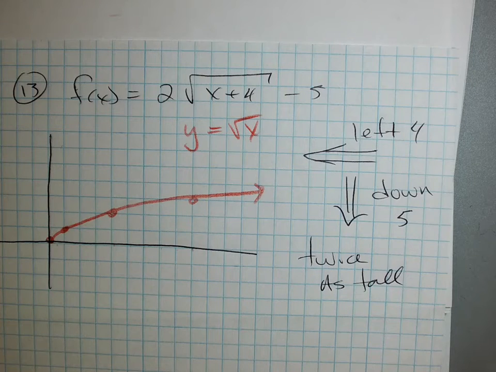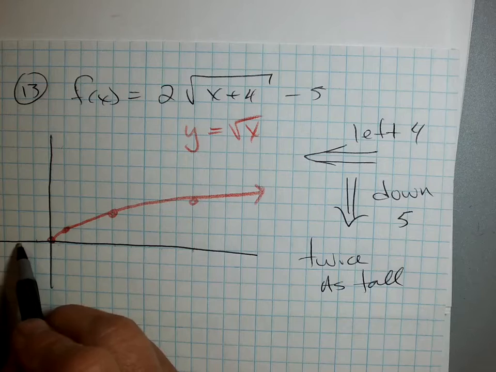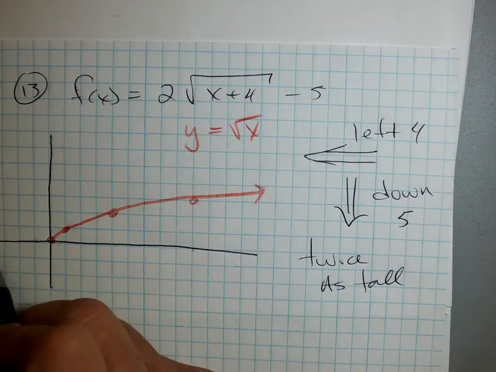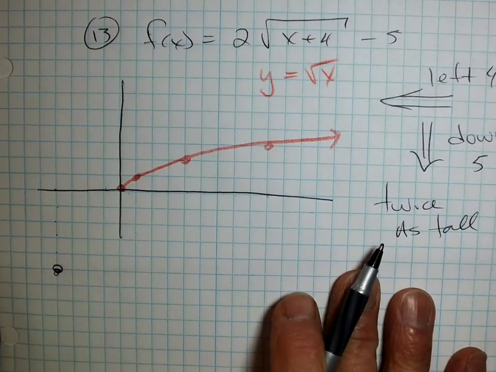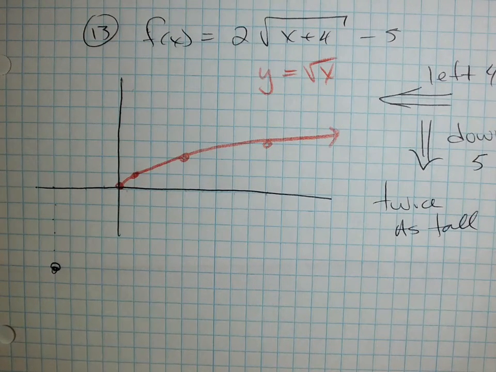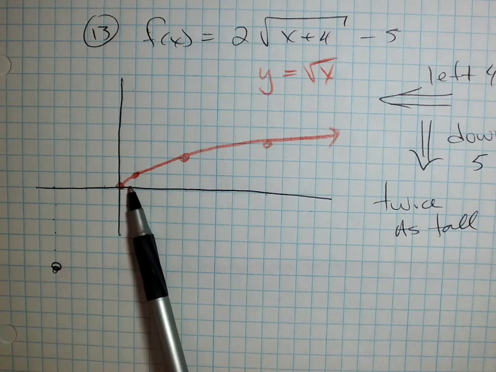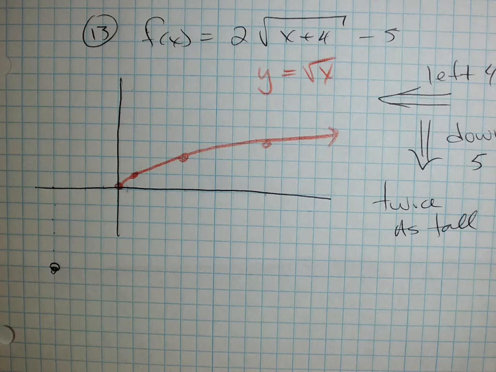So let me move it first. 1, 2, 3, 4. 1, 2, 3, 4, 5. So I'm going to move it to the left 4 and down 5. I just took its endpoint and moved it. And then instead of going 1, 1, you go 1, 2, because it's twice as tall.